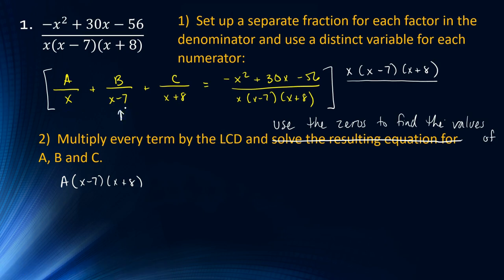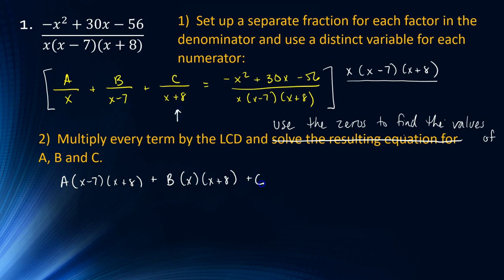All right, let's go to the next fraction. The x minus 7 and the x minus 7 here would cancel each other out, leaving us with just B times x and x plus 8. All right, let's look at the next fraction.